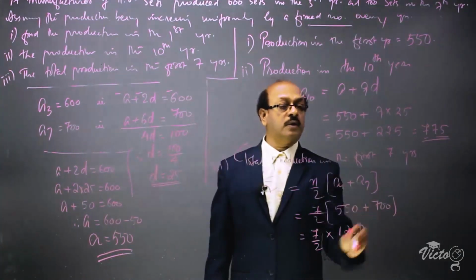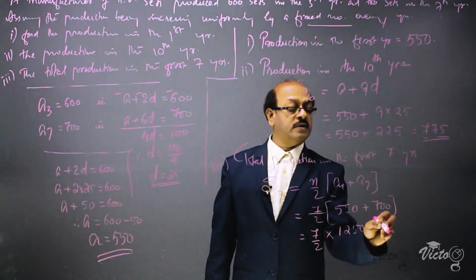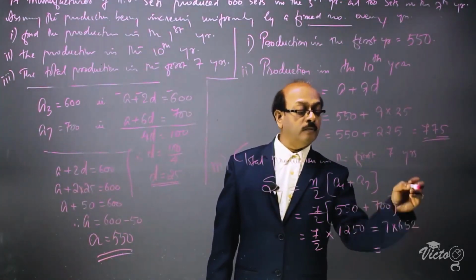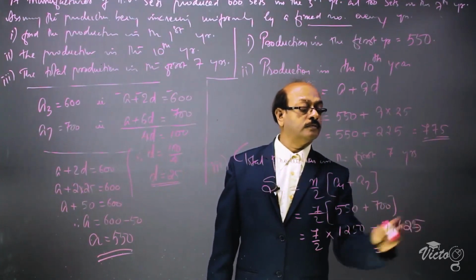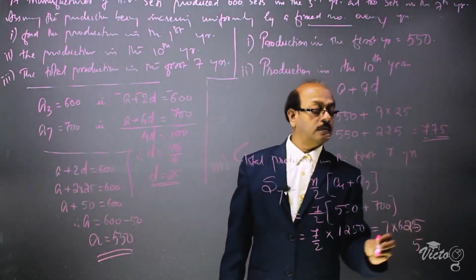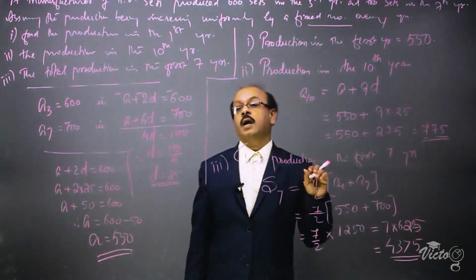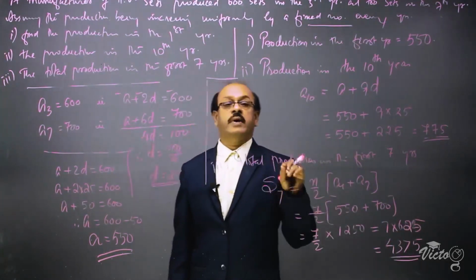Cancelling 2 and 1250, we get 7 into 625. The answer is 4,375.